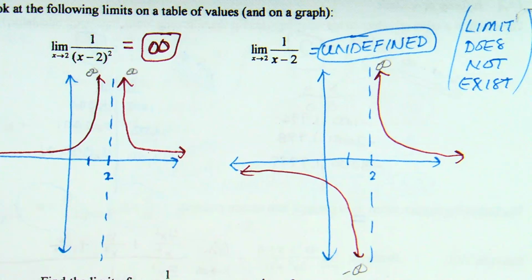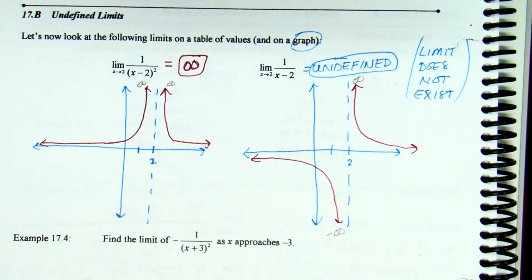You ready for the last one? So go ahead and graph the last one when you're ready. Negative 1 divided by parentheses x plus 3 quantity squared. Where's my asymptote going to be at this time? Negative 3. How does he know that? Maybe he's already graphed it, maybe he hasn't. But how do you know that without looking at the graph?